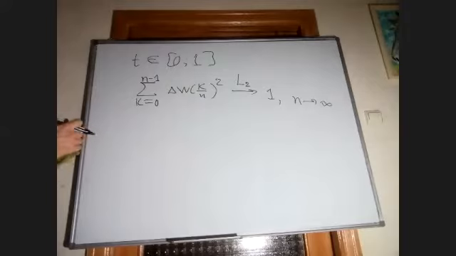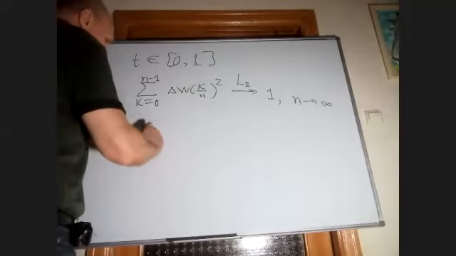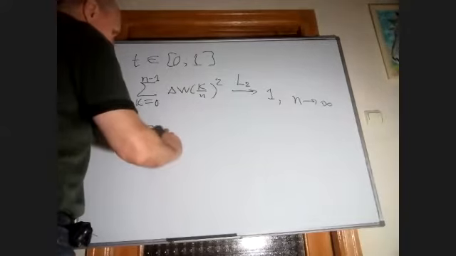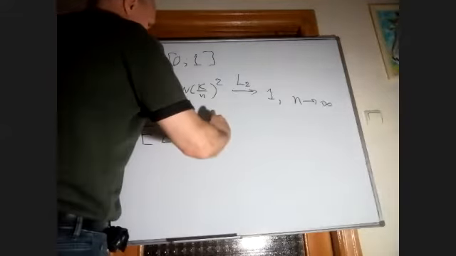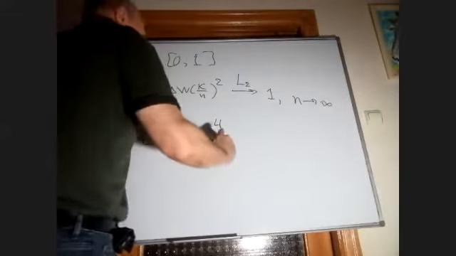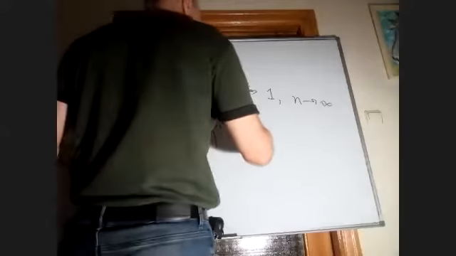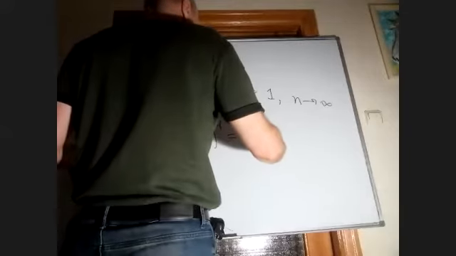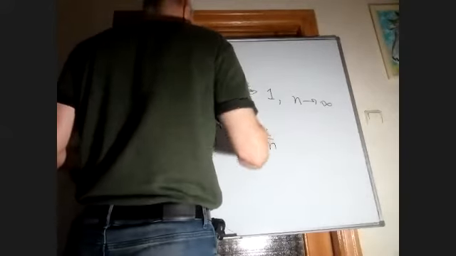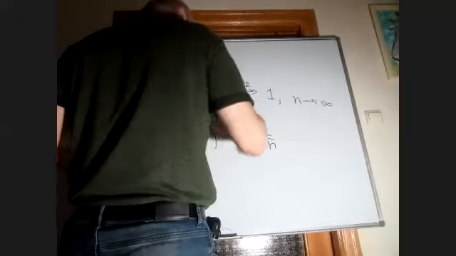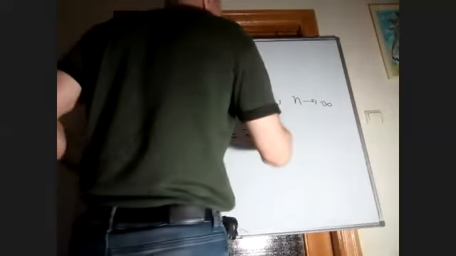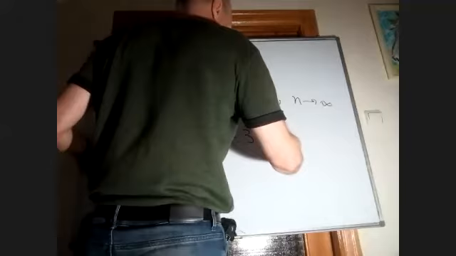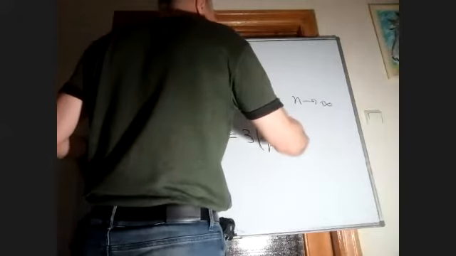Just recall that the expectation of (delta W k over n) to the power 4 is equal to 3 over n squared.